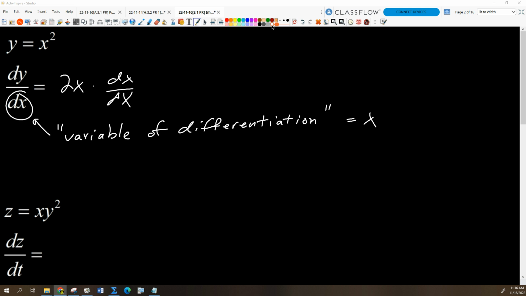I'm differentiating something, d something dx. Okay, when the something I'm differentiating is a function of the variable of differentiation, well, the chain rule is always unnecessary. The last step would always be 1, right? So we don't even write it.